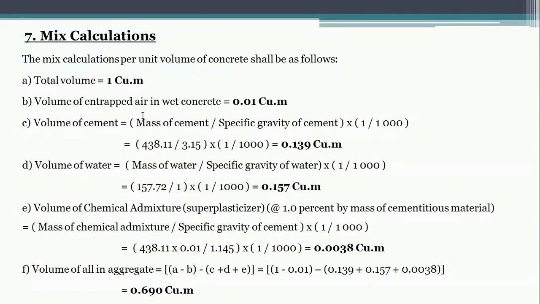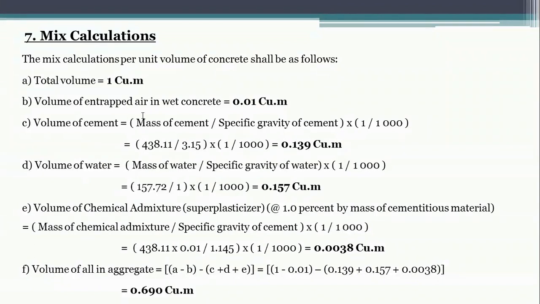Then the volume of cement. You don't need to memorize these formulas by heart, they are there in the code book. The volume of cement is equal to the mass of cement divided by specific gravity, into 1 by 1000. The mass of cement we calculated in the previous step is 438.11, divided by the specific gravity of cement, which is given in the test data of the materials in the question.